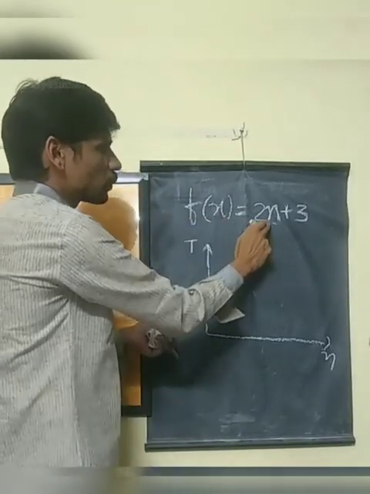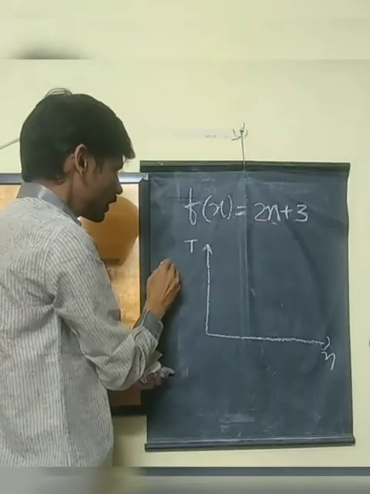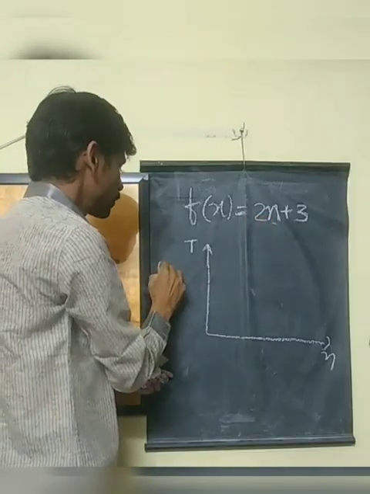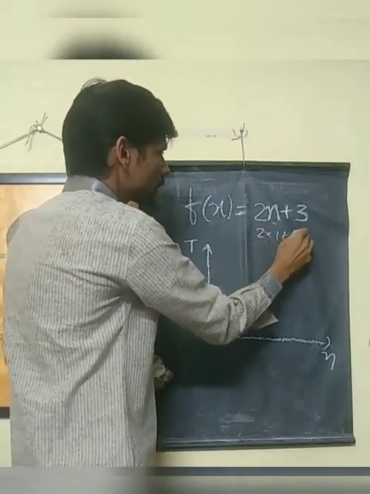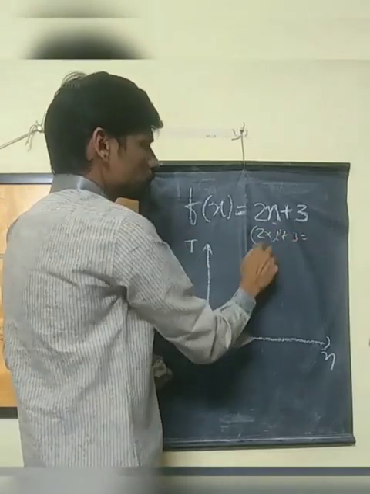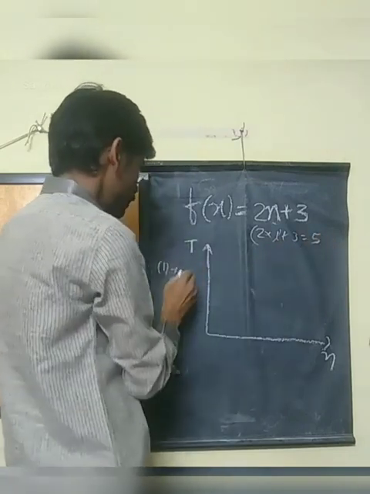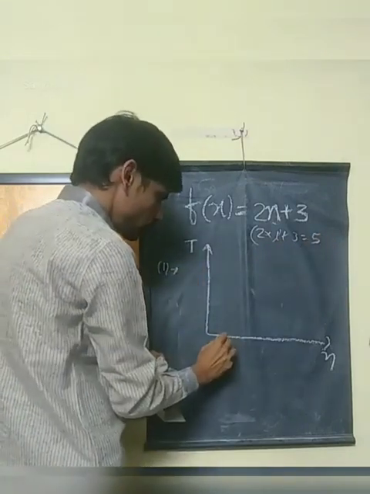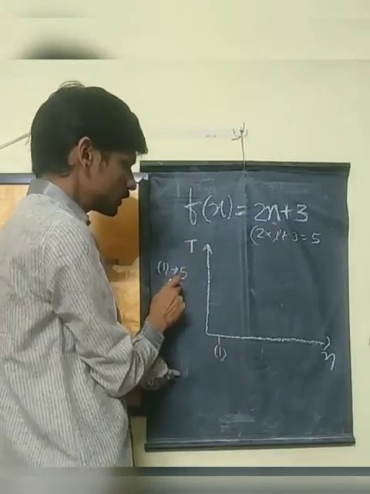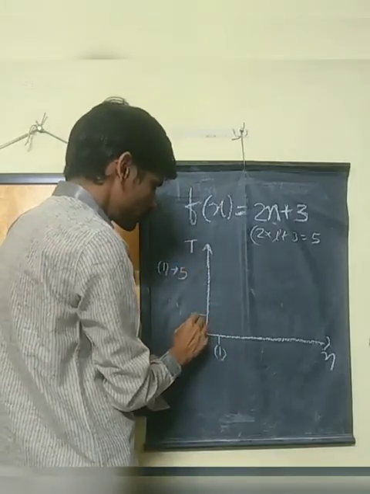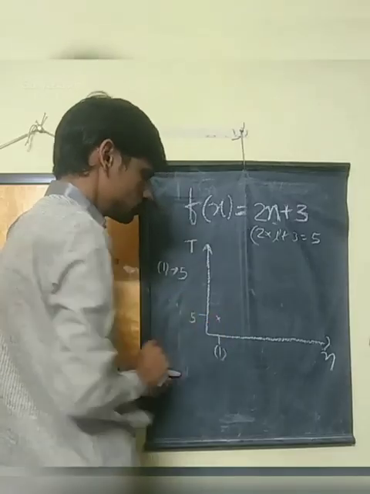Let's imagine that in place of n, I place 1 here. So what is my output? 2 multiplied by 1 plus 3, equals 2 plus 3, which is 5. So if I pass 1 as input, I get output 5. Let's imagine this is my mark.